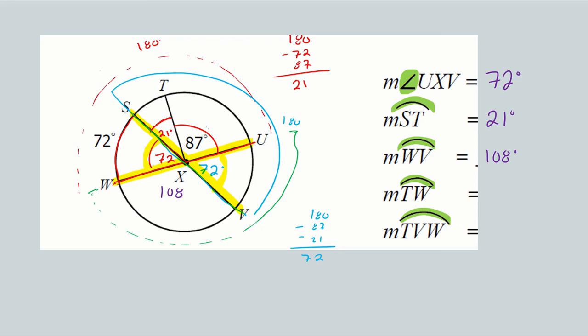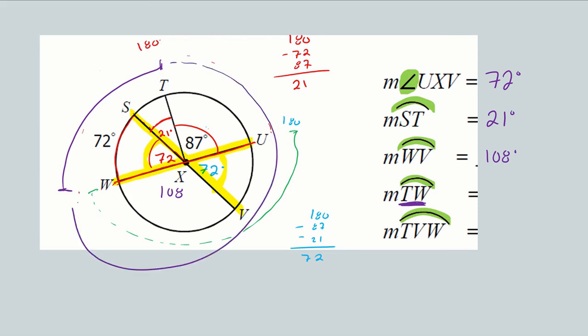Arc measure of TW is, so I want to bring your attention to one thing. Notice how here they have TW. Now, I'm going to erase everything else. So TW, we have two ways, right? We can go from here to here, or we could potentially go this way as well.